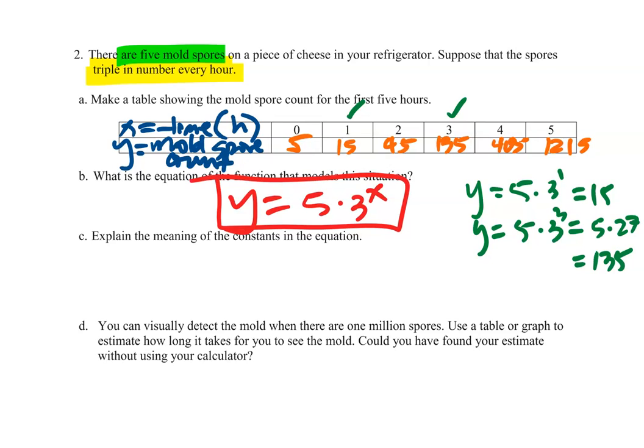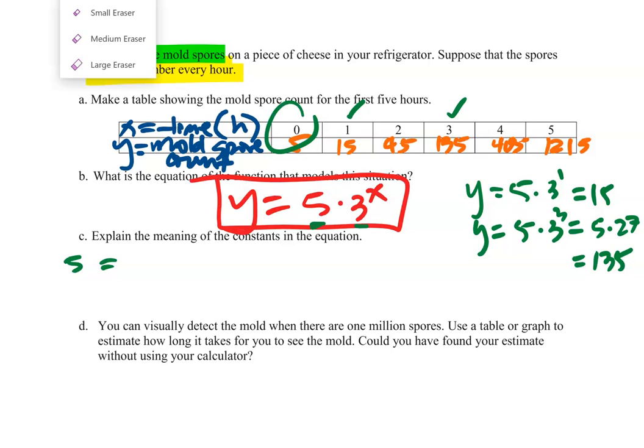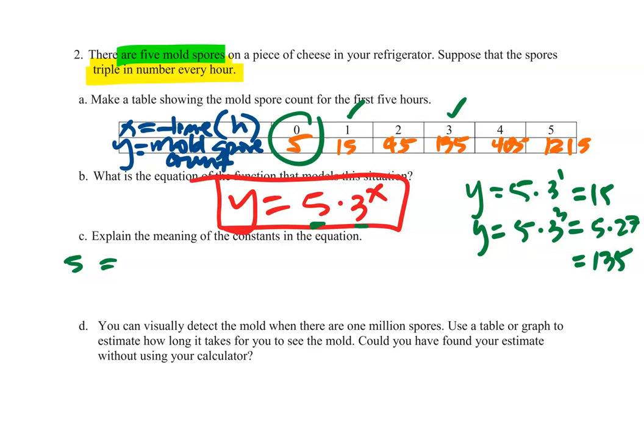So explain the meaning of the constants in the equation. As you can see here, we have two constants, the 5 and the 3. So let's define those two constants. So 5, what is 5 here? Yes, that is the number of mold spores at the beginning in your refrigerator.